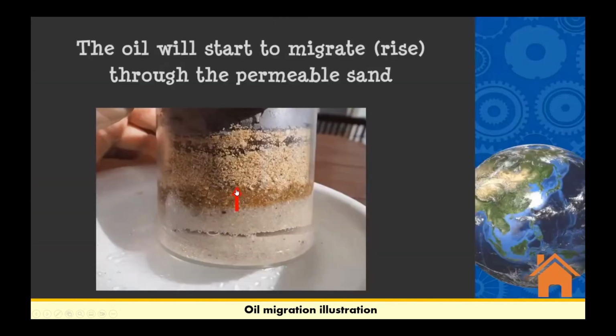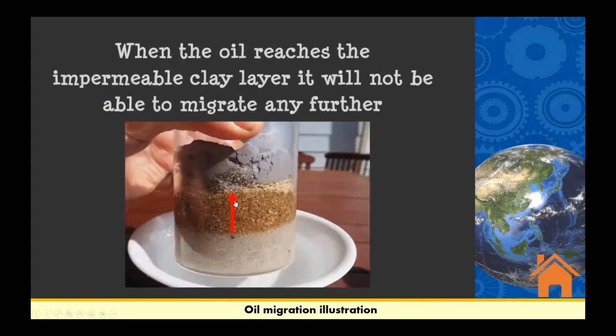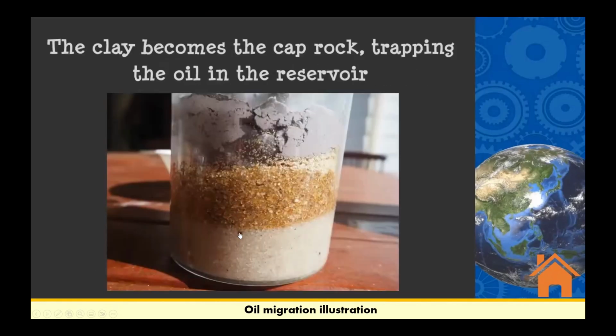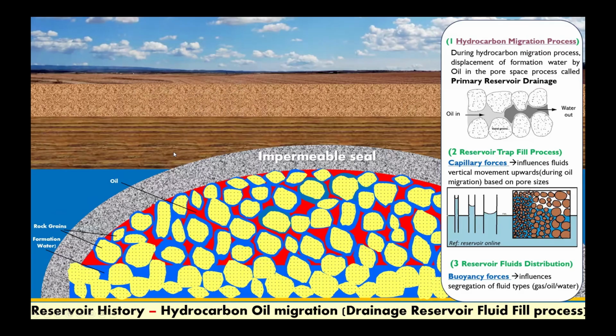This represents what happens in the reservoir, where high temperature and pressure allow the oil to migrate into a permeable reservoir. And the trap here prevents the fluids from escaping, so they accumulate in the reservoir. I want you to notice that the movement of the fluid is happening upwards and naturally.